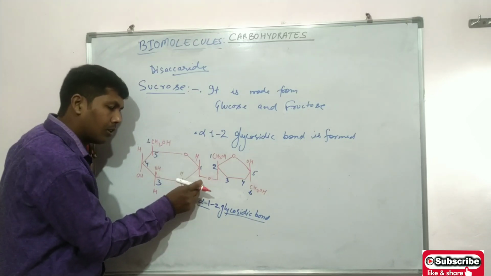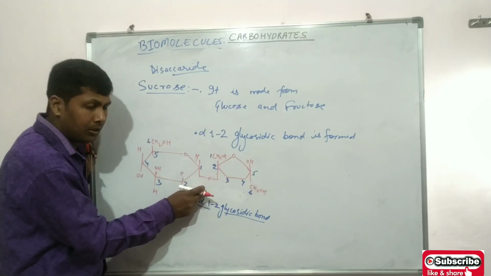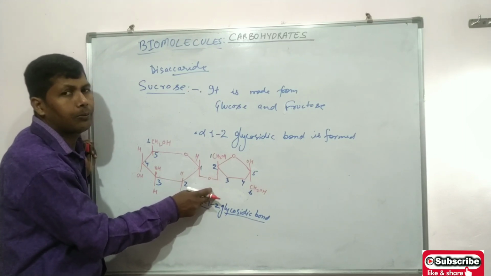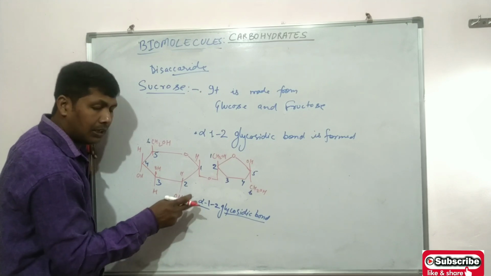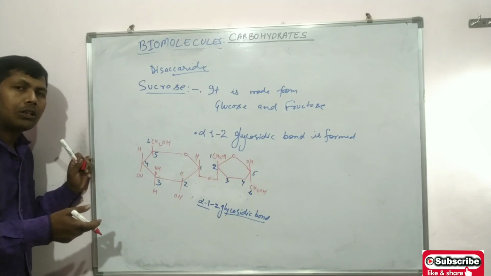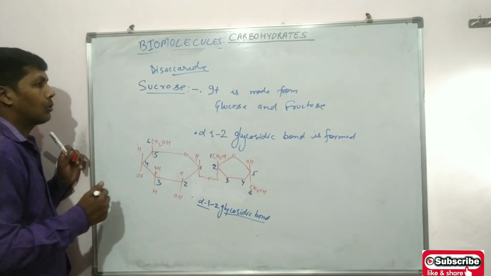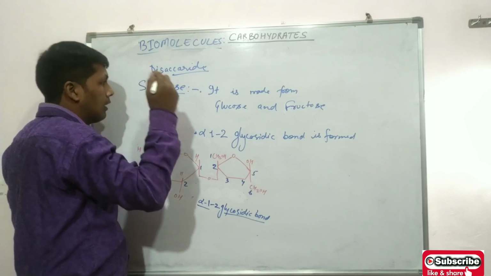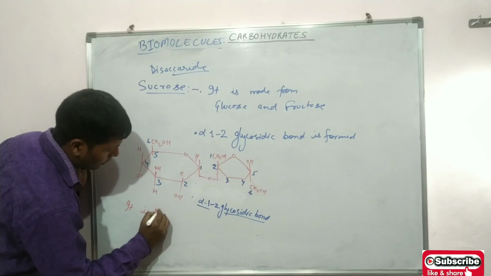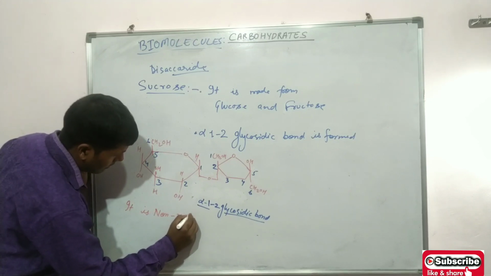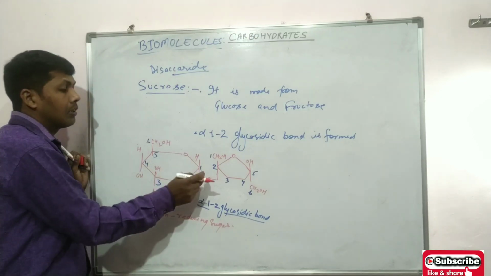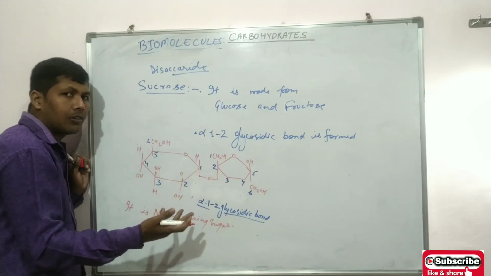So there is no free aldehyde or ketone group. In the absence of both groups, it is not able to produce the reducing sugar test. So it is a non-reducing sugar, because the aldehyde and ketone groups are not free.